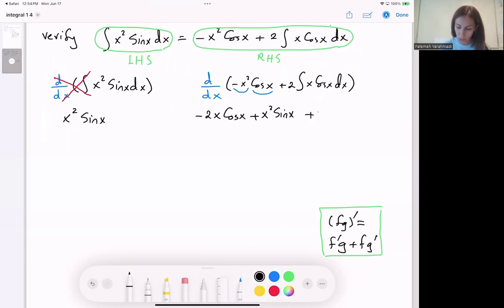So you're left with 2x cosine x. Well, it wasn't that bad, am I right? Now we can see that we have opposite terms: negative 2x cosine x and 2x cosine x. We're only left with one term, which is x squared sine x. So you have x squared sine x on the left, x squared sine x on the right. They're equal to each other. So we just showed that the left-hand side and right-hand side are equal to each other. We take the differential and we apply the product rule.